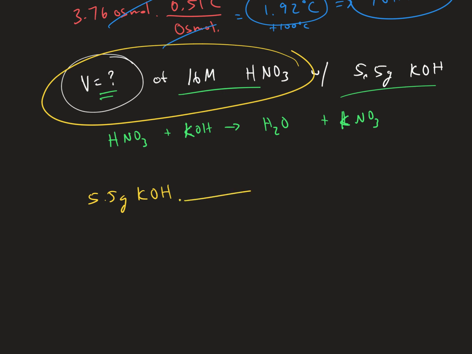Okay, so the molar mass of potassium hydroxide is, potassium is 39.10, oxygen is 16, hydrogen is 1.008, so we get a total of 56.1. Did I do that right? Grams of KOH to 1 mole of KOH.